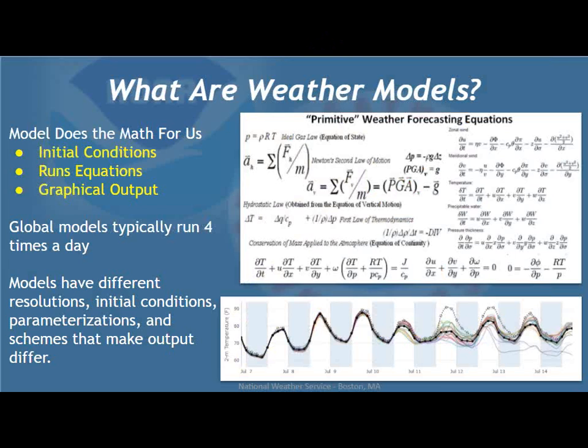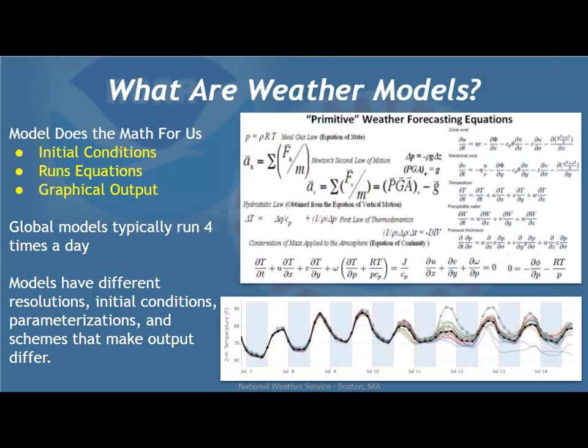They all have different initial conditions, how they incorporate all that observed data. Things like parameterizations, how do they handle things like convection, developing thunderstorms, things like that. How do they handle melting of precipitation? And all different schemes. That's why we have a bunch of different models.